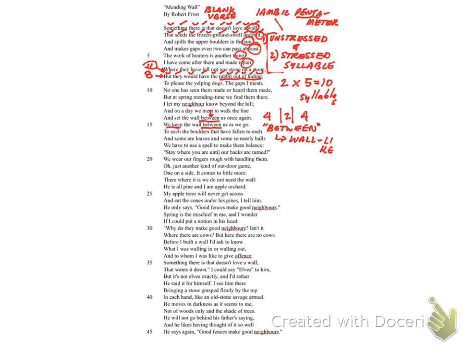Look at this line, line 16. To each the boulders that have fallen to each. We have the phrase to each on both sides of this line, emphasizing, look, if these are people, and the lines indicate the wall or space.